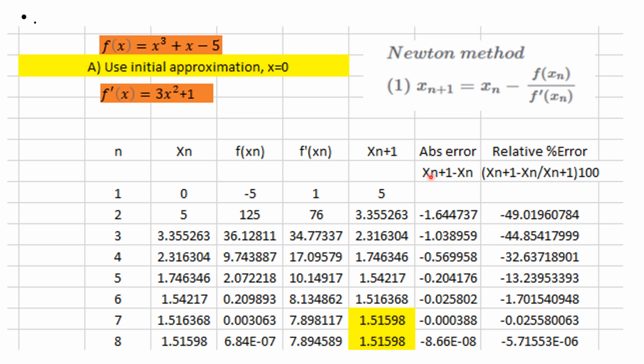The absolute error is x sub n plus 1 minus x sub n in absolute value, so you take absolute values there, never mind the sign, and the relative percent error equals this absolute error divided by x sub n plus 1, of course, times 100.